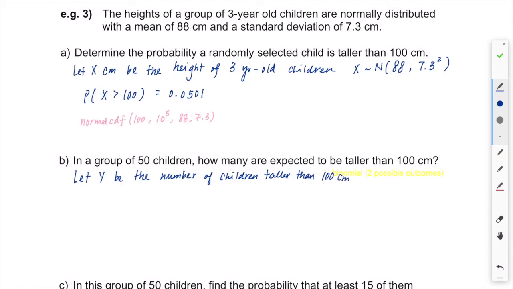Okay, and y belongs to a binomial with sample size of 50, and the probability of success would be the probability of children taller than 100 centimeters, which is what we found in part A. And this style of a multi-part question is very, very common on IB exams, okay?